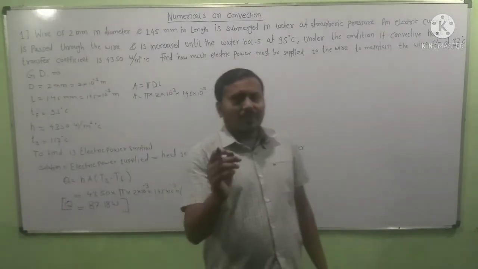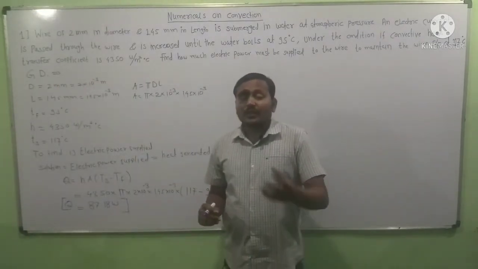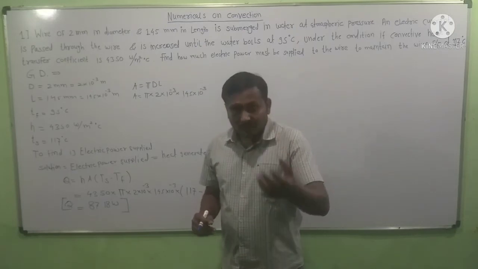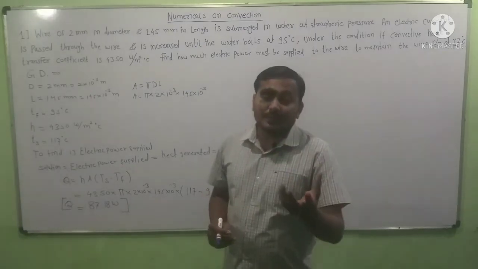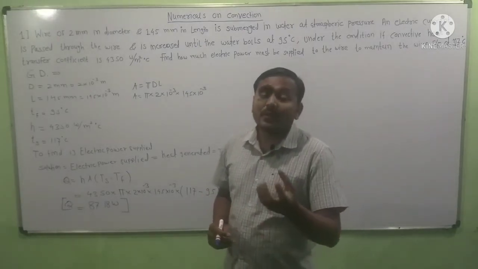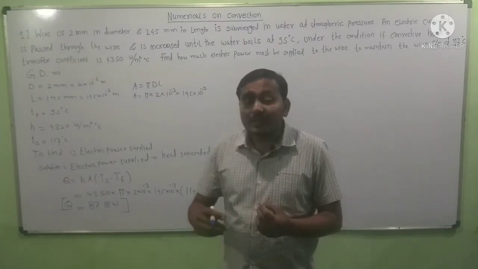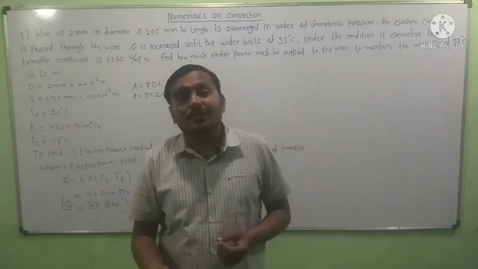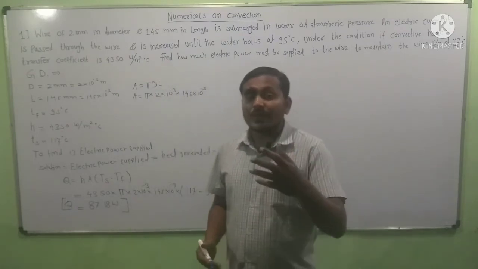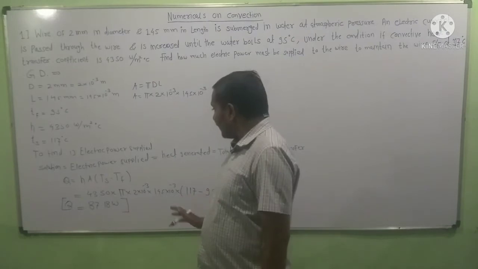You have to note one thing. The electric power you are supplying is nothing but your electric loss, and that is proportional to heat generation. That's why we have found it here.